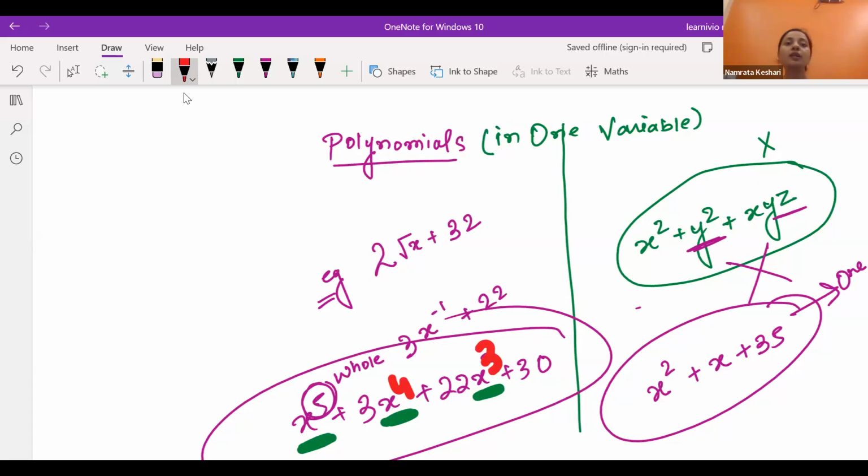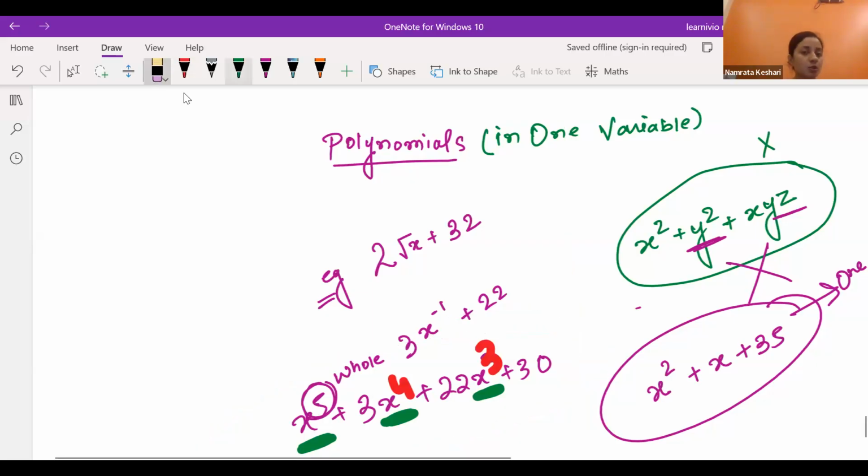Is it a polynomial? Yes. Two criteria are there: one variable has to be there, and each and every power of the variable has to be a whole number. If these two conditions are fulfilled, then it's a polynomial, otherwise it's not a polynomial.